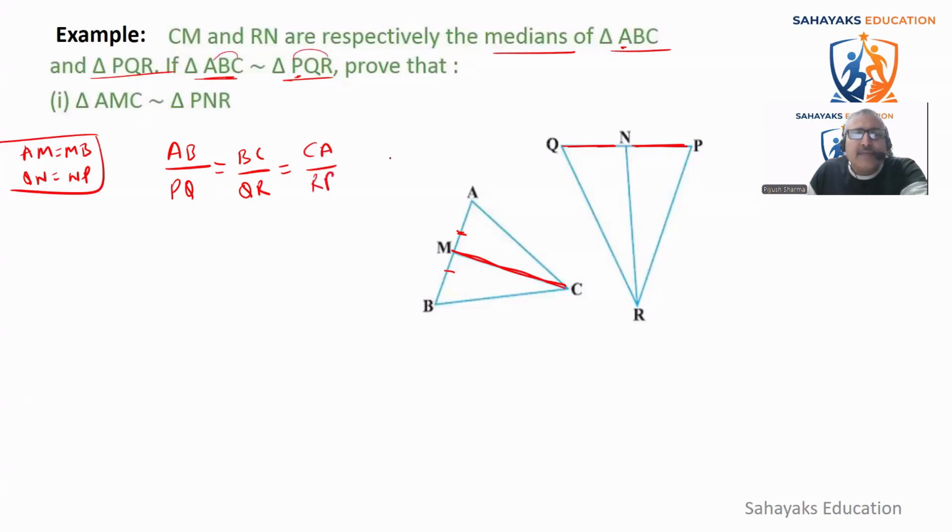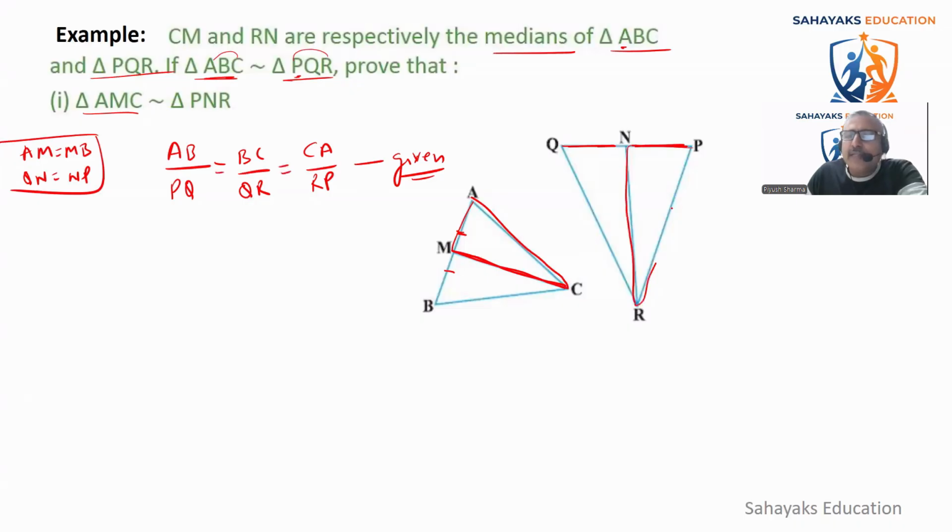Okay, this is given because these two triangles are similar. Okay, now what we have to prove? Triangle AMC is similar to triangle PNR.